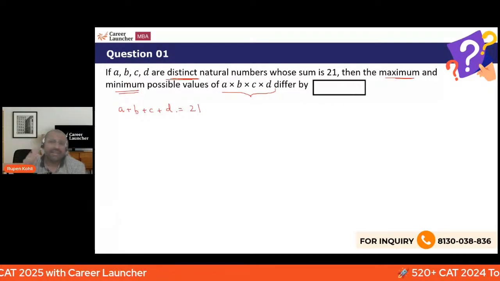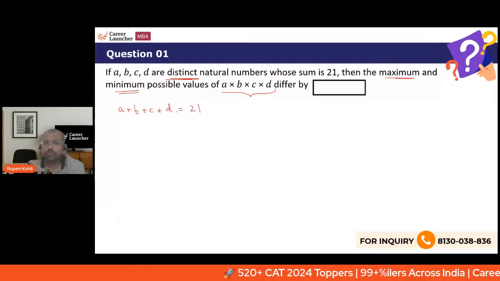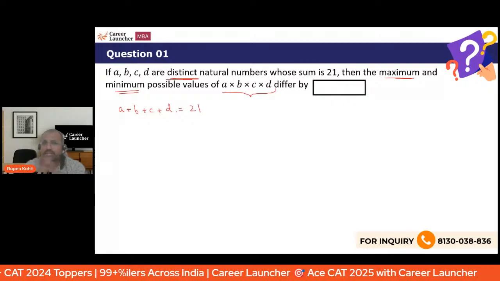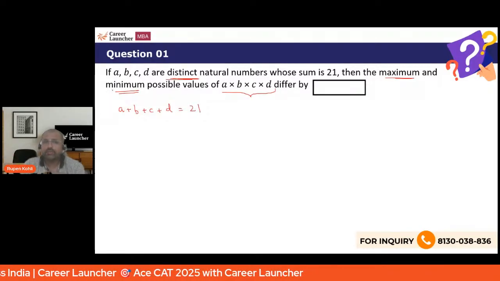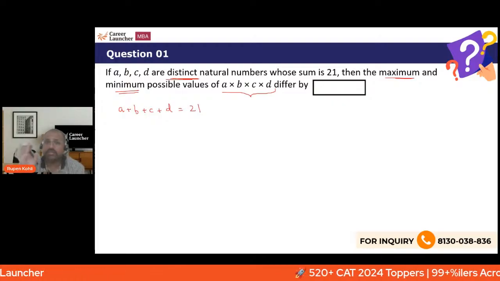Now, we can't take that value, but if that is not allowed, the best option would be that the variables should be as close as possible to that 5.25 figure. Now these are natural numbers, they can't be decimals also. So we have to take care of both the things. They are natural numbers, they're distinct.